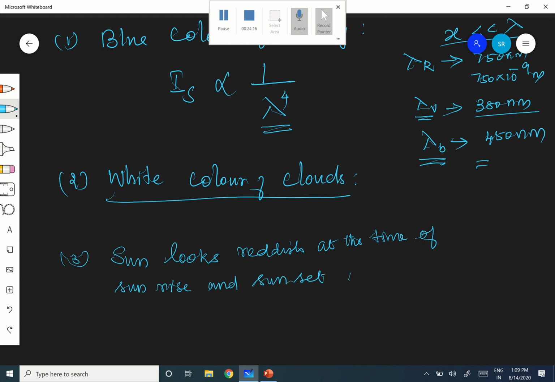I think this is a very common appearance. The sun looks reddish at the time of sunrise and sunset. Very, very important. Why? What is the reason?